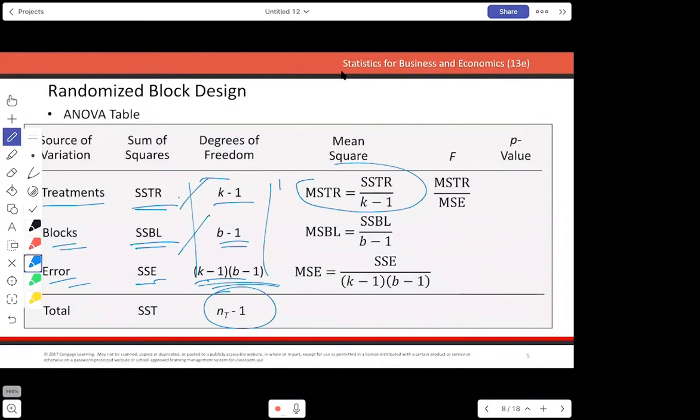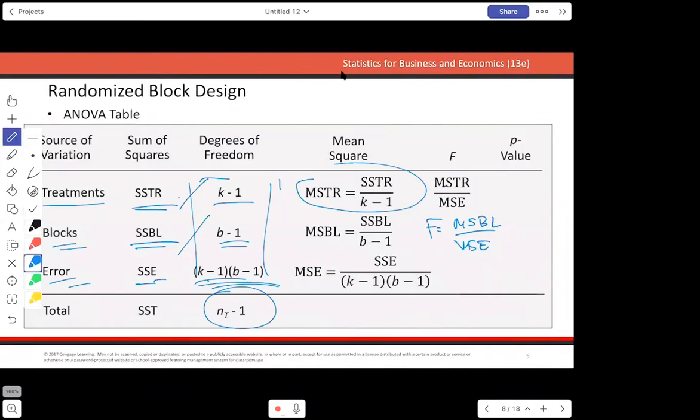To get my F value, it will be MSTR over MSE, just like before. But now it's a lot more precise, a little sharper. We could actually calculate a secondary F value by taking MSBL over MSE. And you could ask me, well, why would we need to know this? Why would we need this situation?